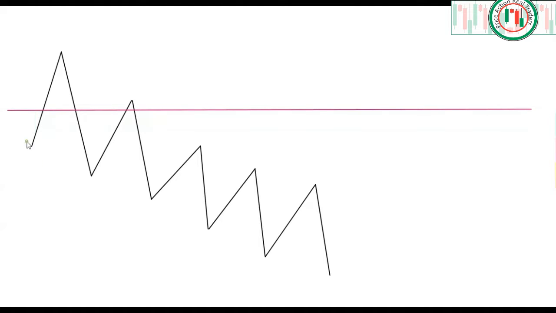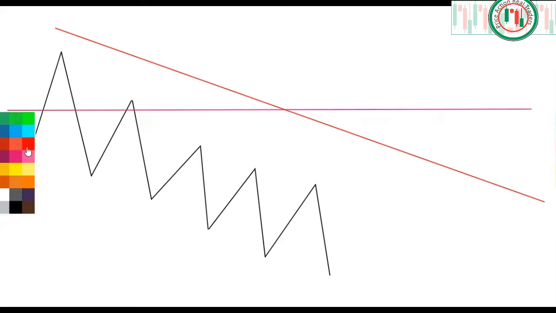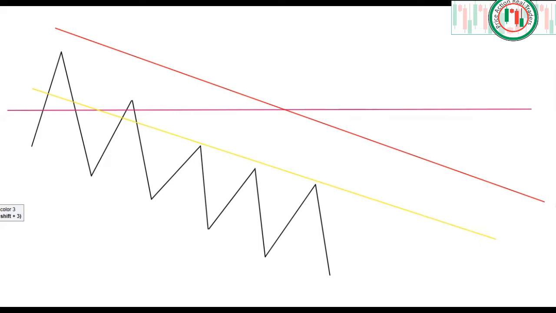Then you see 100 crossing. And then you see 20 and 50, something like this. So this is the ranging market.